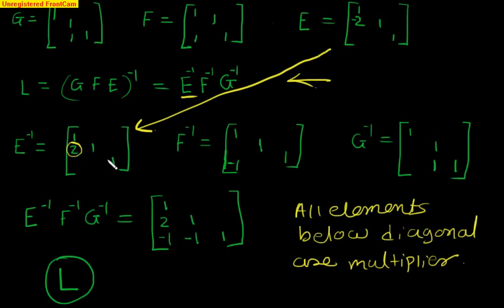Reverse the sign. Friends, this method is not applicable to general matrices. This is applicable only for this type of matrices. Just reverse the sign of this one to find out the F inverse. Similarly for G inverse, reverse the sign of this.